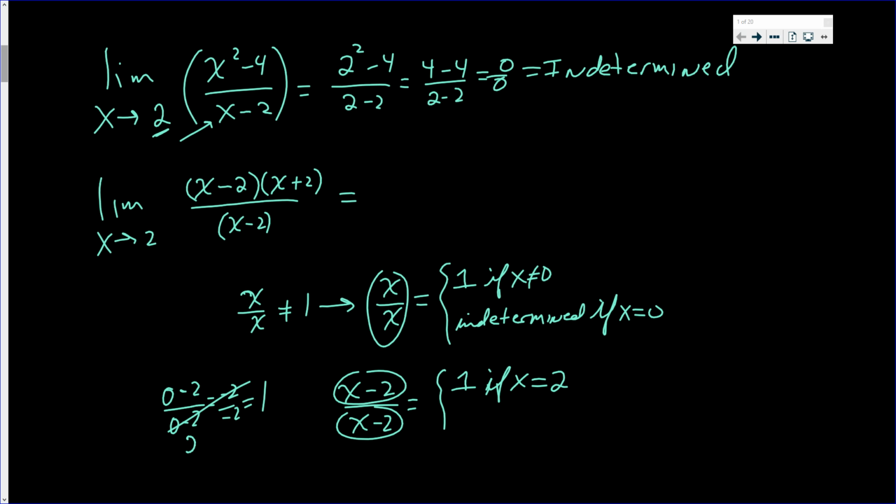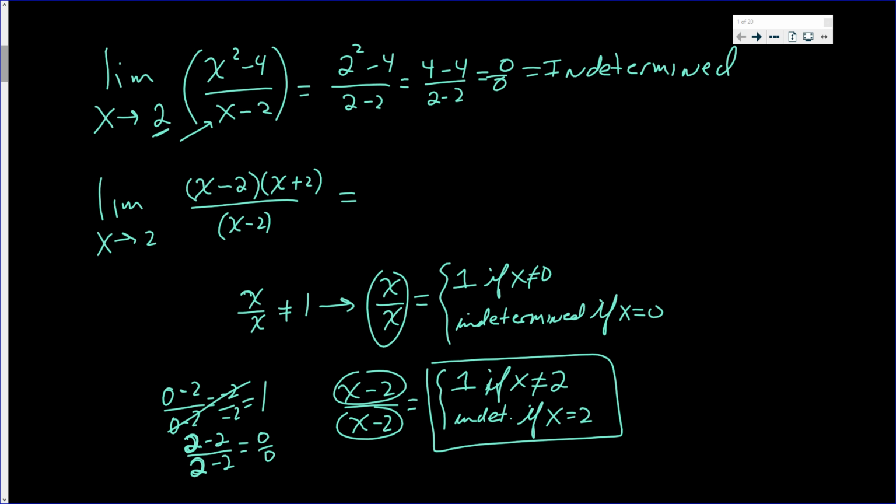Okay, but if x is 2, x minus 2, that's 0 over 0. So you get indeterminate if x is 2. You get 1 if x is not 2. Okay? But the great thing about limits is if x is approaching 2, x won't ever be 2.